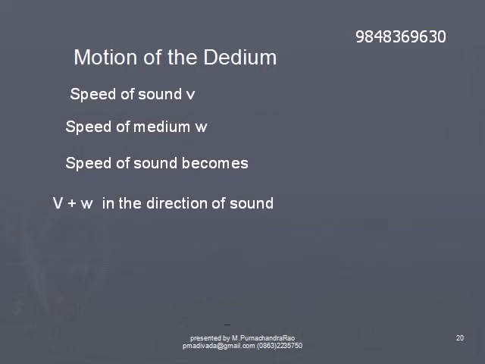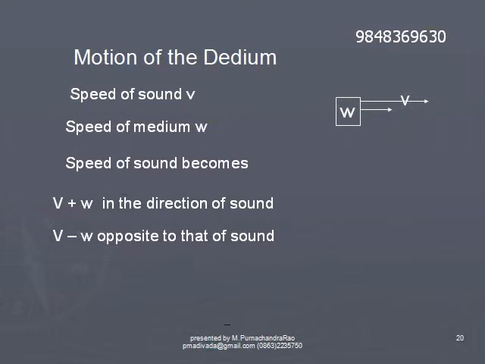When the medium is moving with a speed w, the resultant speed of the sound will be v plus w if the medium is moving in the direction of propagation of the sound.